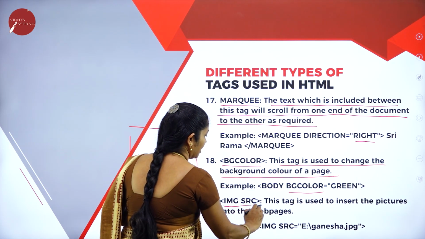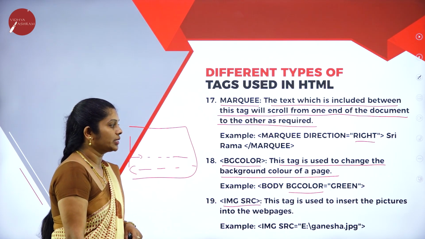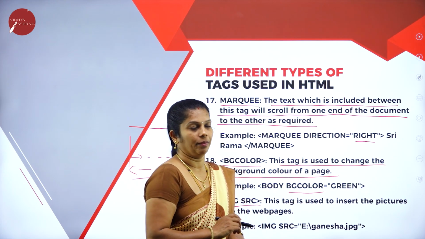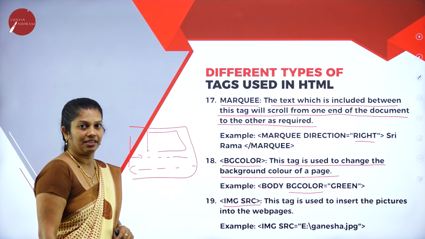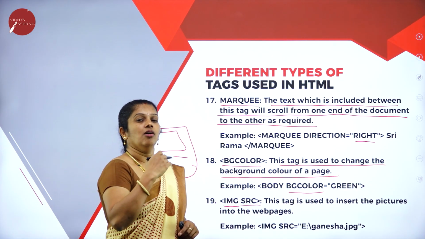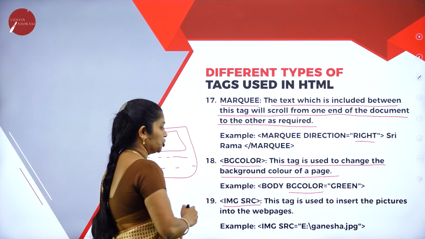Then the next tag is image source tag. Whereas image source tag is mainly used to insert the pictures on your document. Consider you have one document, you want to insert some pictures anywhere, that you can insert. Or if you want to move the pictures on your document, that also you can do here. Image source tag.